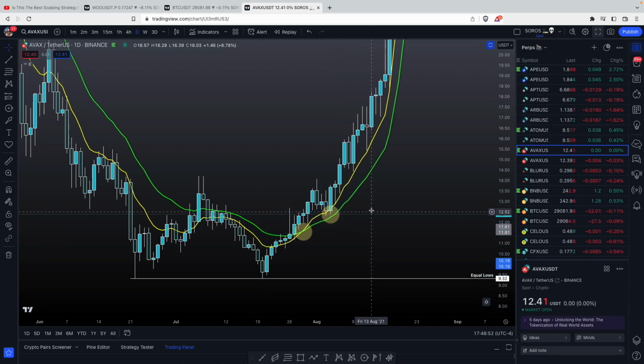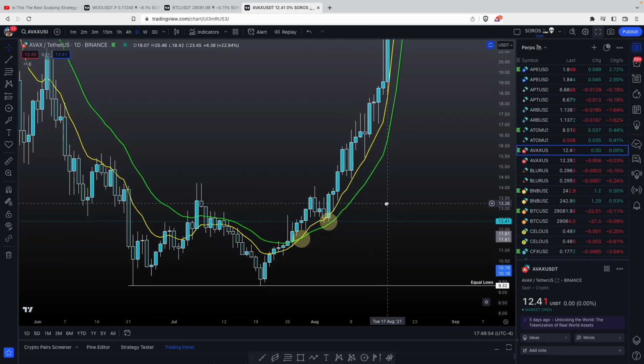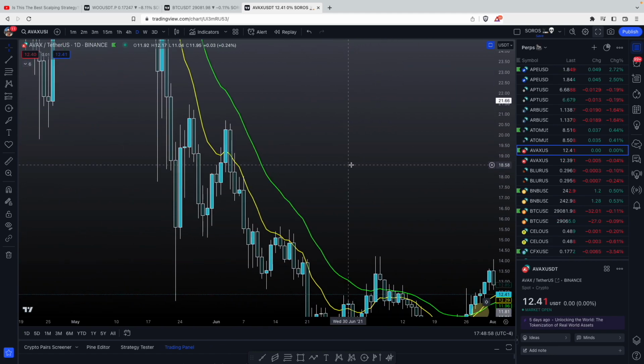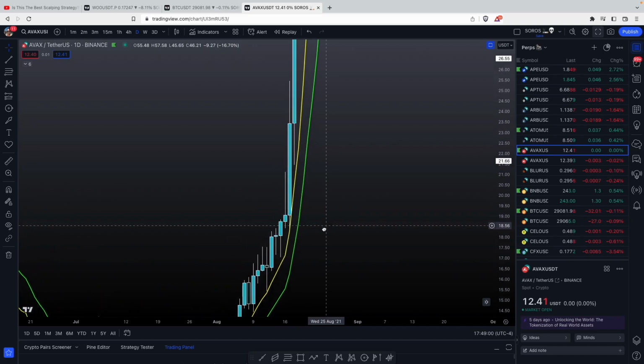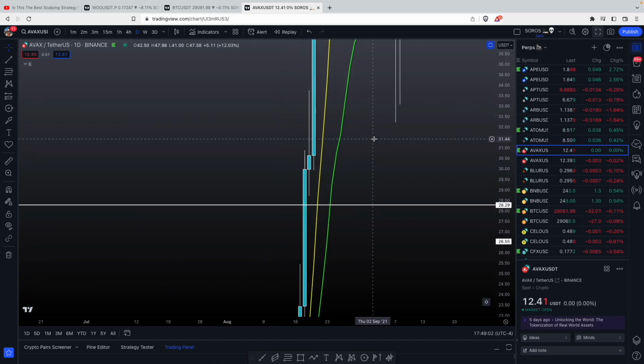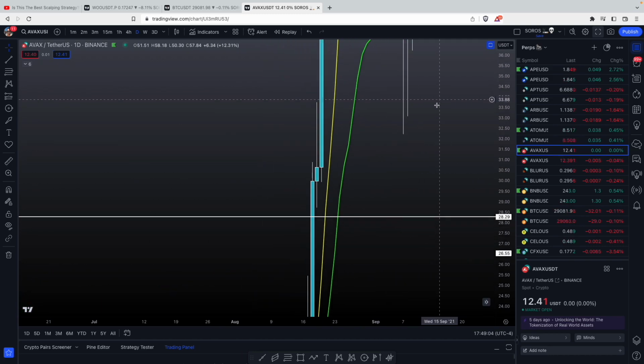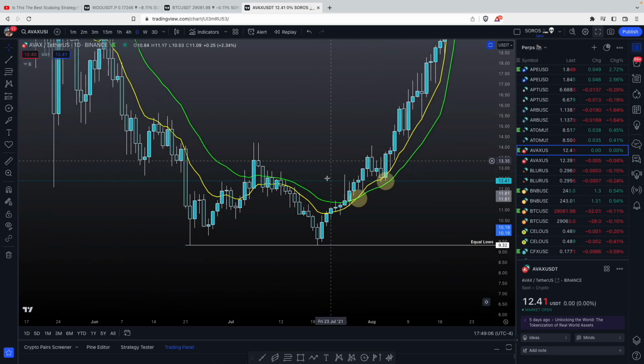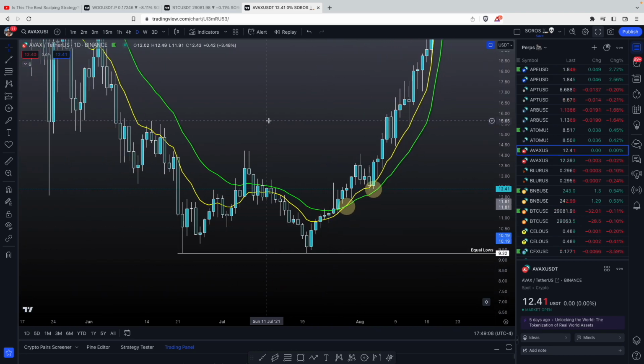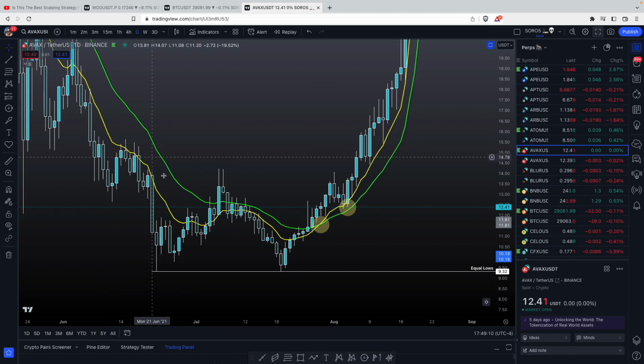So that's usually a bullish continuation retracement. And then you can see it does the inverse of what it did here. It rides the 10 EMA all the way up, and algos are buying on the 10 EMA all the way up. So very strong.